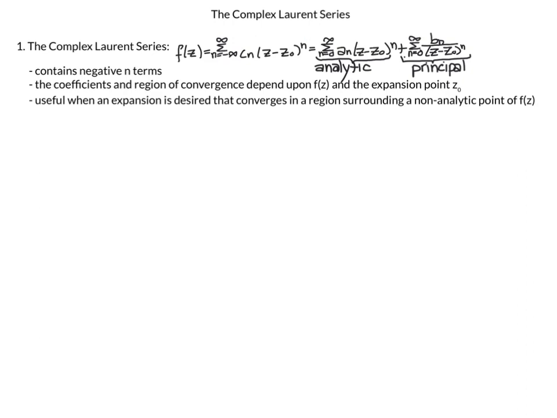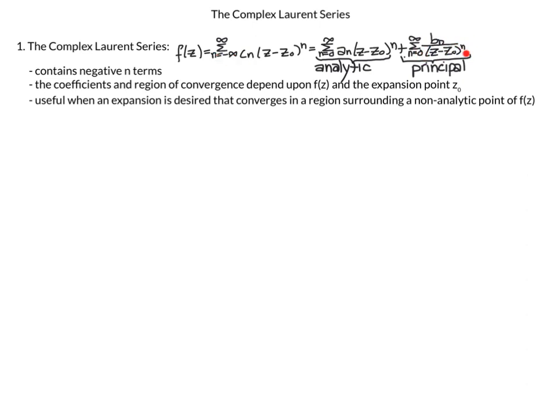So I'm going to separate out, because this is how I like to look at it, although your book doesn't separate it out this way. This is just what I like. I like to separate out my positive n this way, so n goes from 0 to infinity, a n times z minus z naught to the nth power. And then for the negative exponents, I still like to have n go from 0 to infinity, but now z minus z naught is in the denominator.